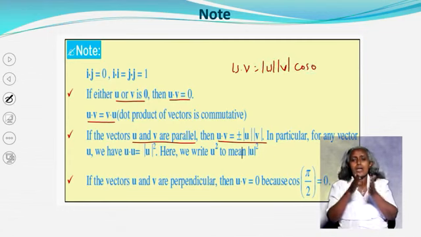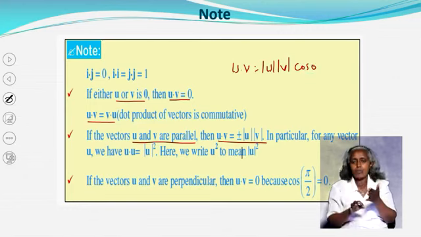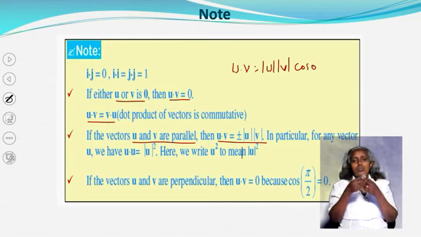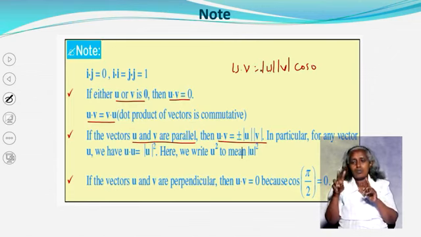Parallel means the angle between them will be either 0 or 180. If it is 0, their dot product is positive magnitude of u times magnitude of v. If the vectors are in opposite directions, cosine of 180 is minus 1, so this becomes negative. Therefore, if the vectors are parallel, the dot product will be plus or minus magnitude of u times magnitude of v.